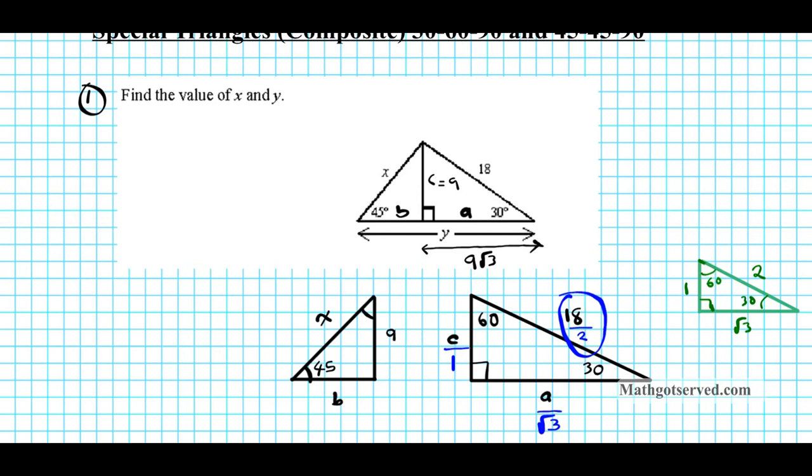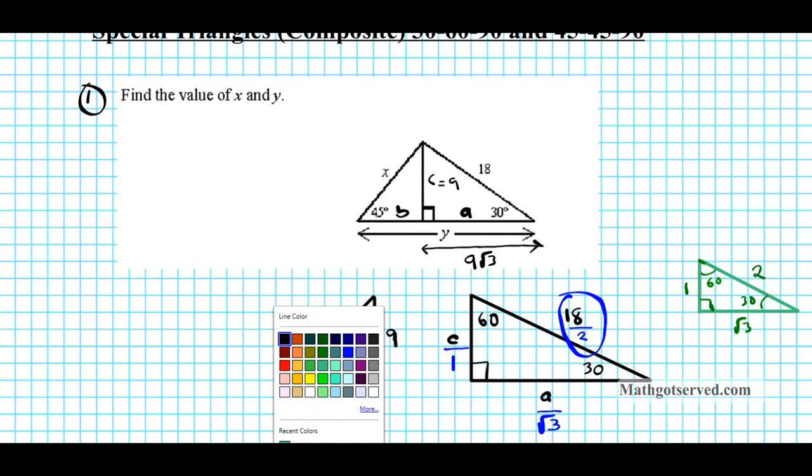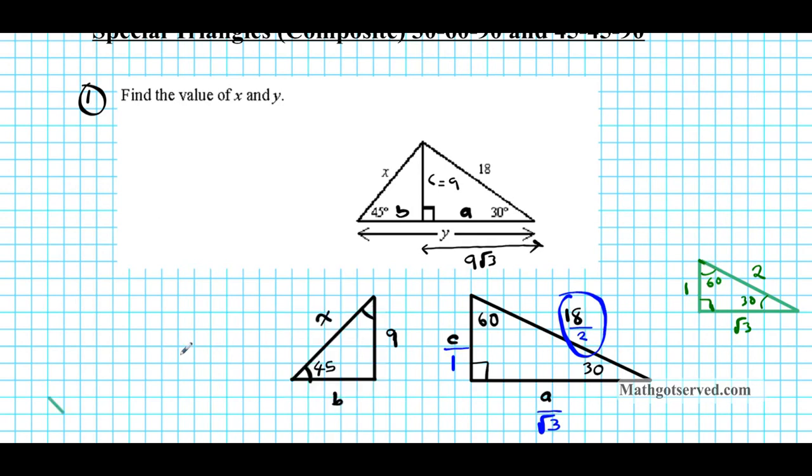Now to solve this triangle for x and b, we're going to create our base triangle, the base model for the 45, 45, 90 triangle. Let's put it on the side right here, and it will guide how we can populate the denominators. I'm just going to draw a little base 45, 45, 90 triangle.